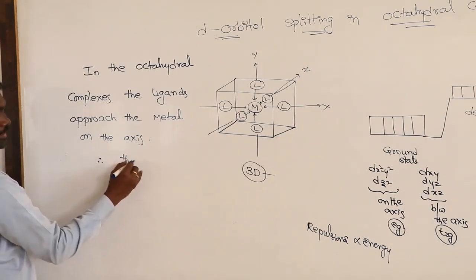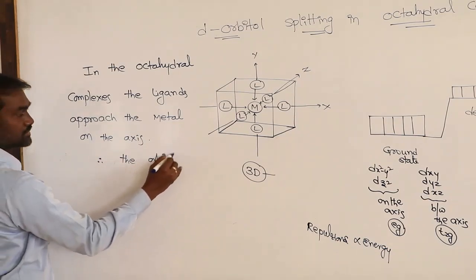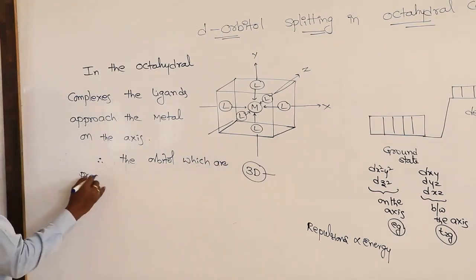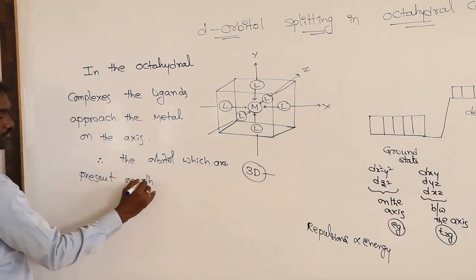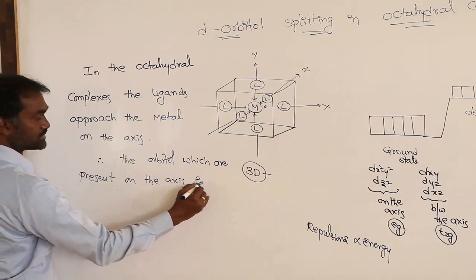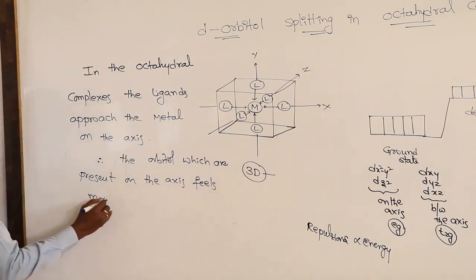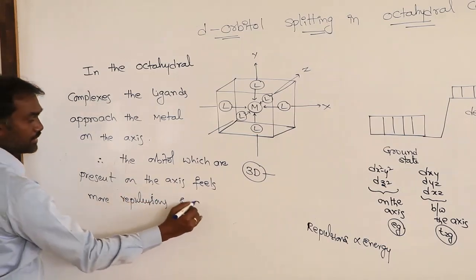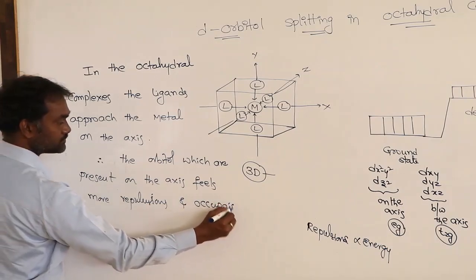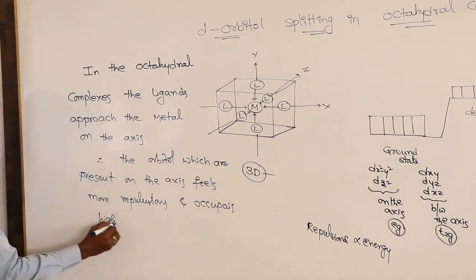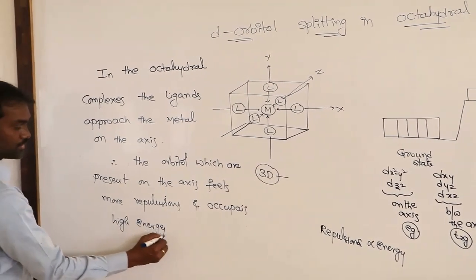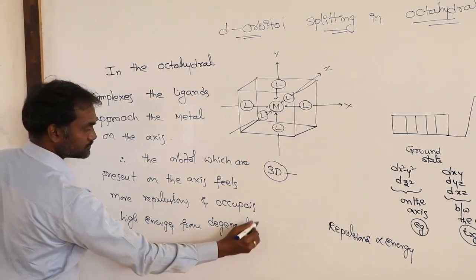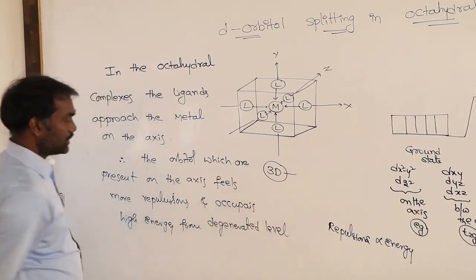Therefore, the orbitals which are present on the axis feel more repulsion and occupy high energy from the degenerate level.